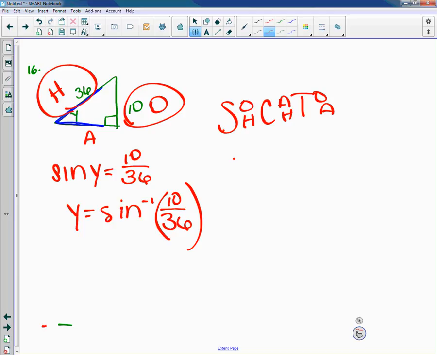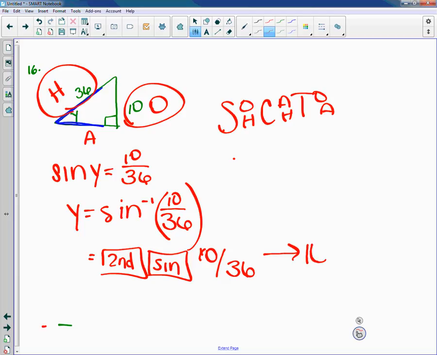You're going to have to use second, sine, and it gives you parentheses already, and then you just put 10 divided by 36 and hit enter. And you should get 16.1. So the angle is equal to 16.1.